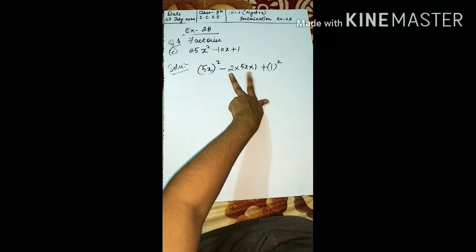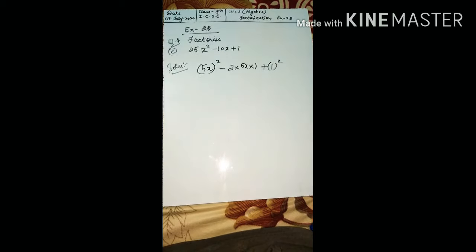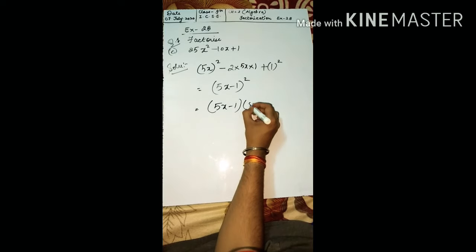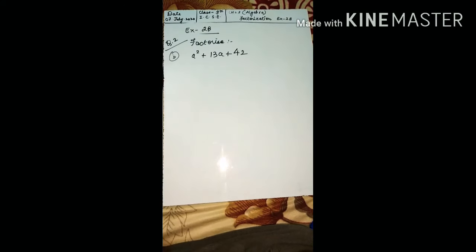So yes, 2 into 5, 10 into x, minus of 10x. So finally we can write it as the perfect square (5x minus 1) the whole square, which can be split and written as (5x minus 1)(5x minus 1). That's it.